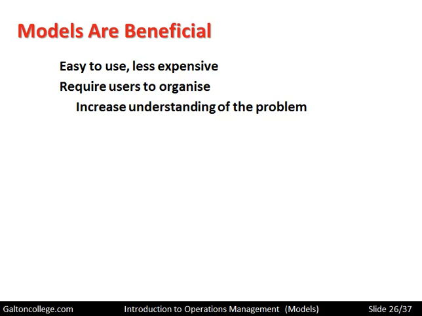So they can organize the production system based on the model, based on the experience of looking at the model and studying the model. And of course they can understand the problem. Any problems that arise, they can see the problem from the model and they can find workarounds, find solutions to the problems and implement those solutions and rerun the model to see what the outcomes are likely to be under the revised model.